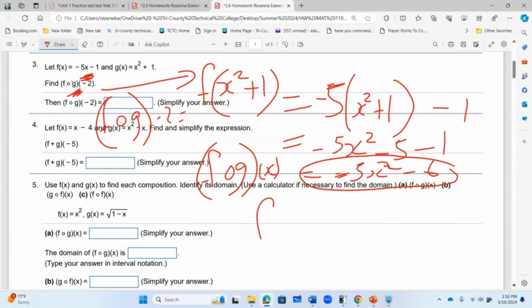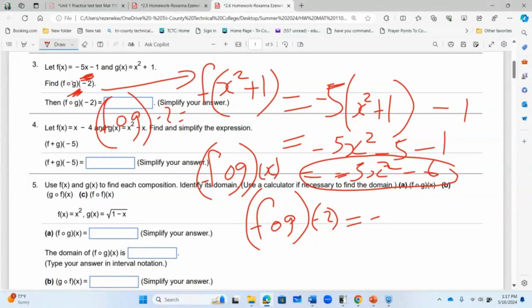At this point, I will find f composed of g of -2. That means substitute -2 wherever you see x in the final answer here.